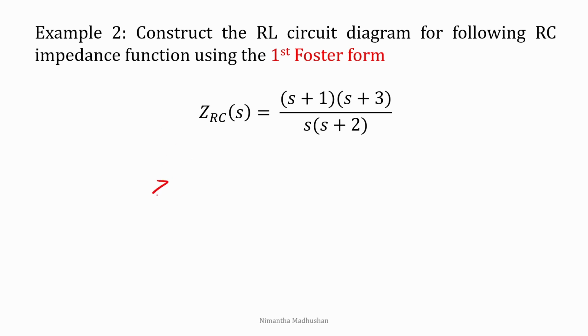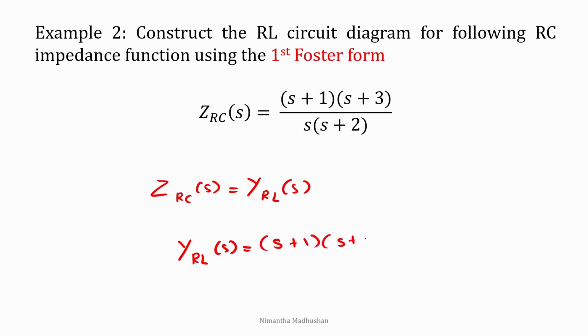Then we can write Z_RC in S domain is equal to the admittance value of the RL network, which is (S plus 1)(S plus 3) over S times (S plus 2).